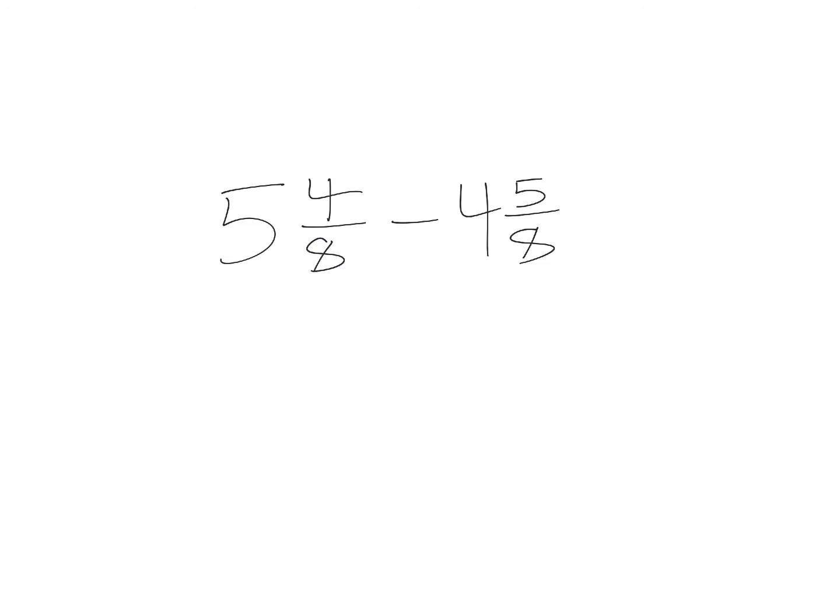So the first thing I'm going to do is change both of these into improper fractions. So over here I got 5 times 8 equals 40. 40 plus 4 equals 44. And that gives me 44/8.